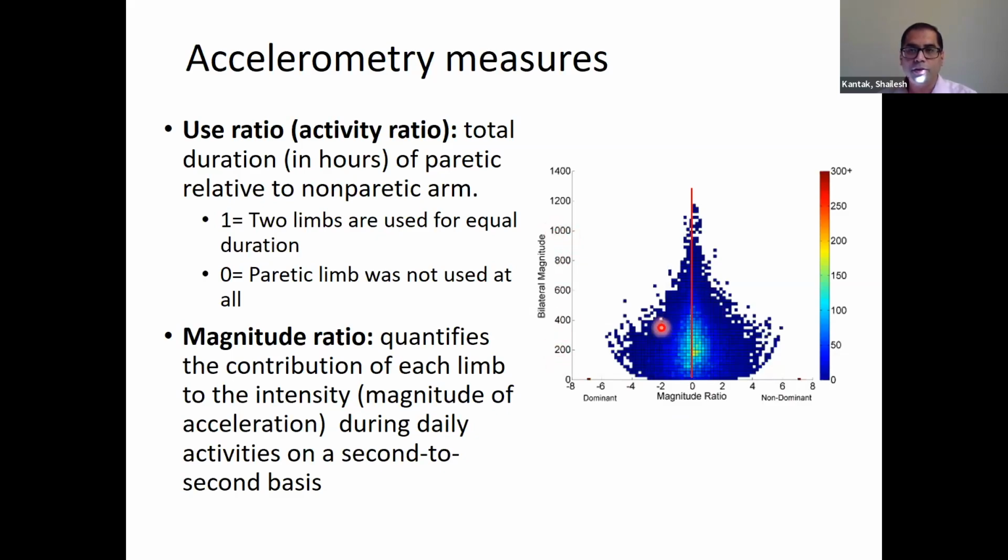The color represents the frequency: cold colors indicate lower frequencies, while warm colors indicate higher frequencies.